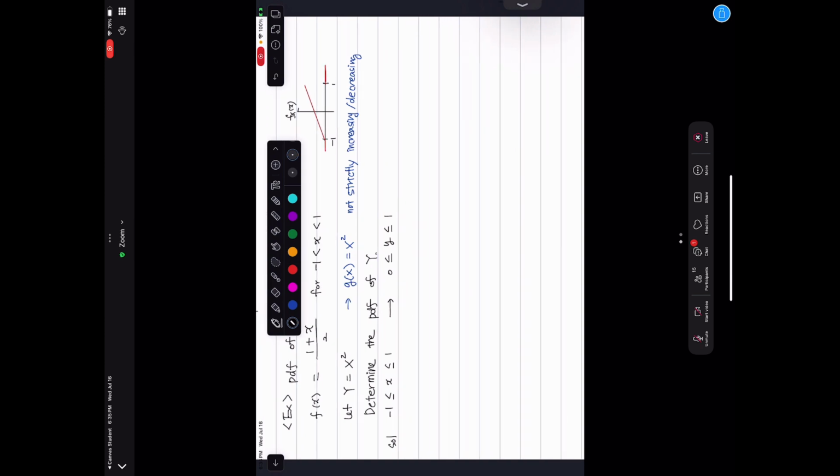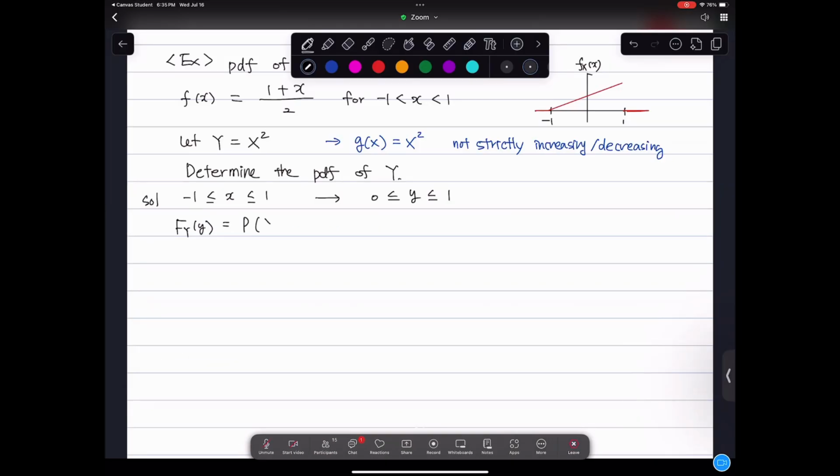Start from the CDF always. So let's get F of y. By definition, it's the probability that your random variable Y is less than or equal to the number y. Then time to replace Y with X squared. So now I need the probability that X squared is less than or equal to some number y. I want x, so let's do the square roots.